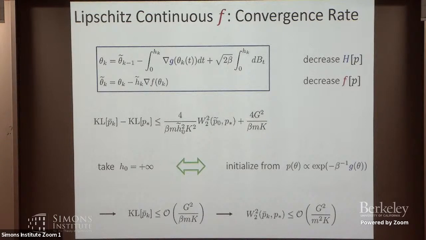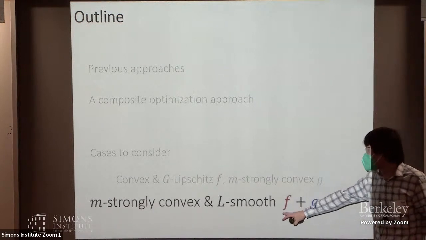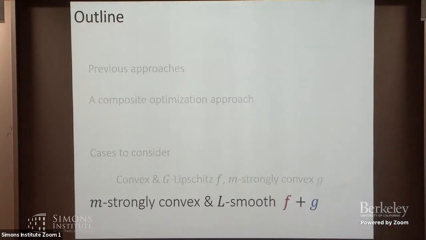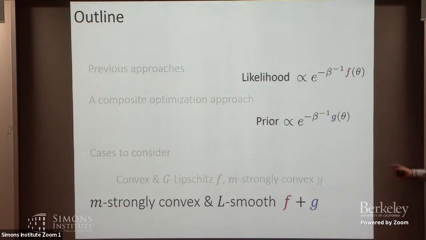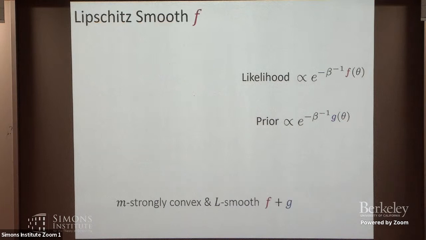Okay, so let's look at something that can relate better to previous results. If we look at the case where F plus G is strongly convex and Lipschitz smooth, this will correspond better to the existing results. As a reminder, F corresponds to likelihood, G corresponds to the prior.